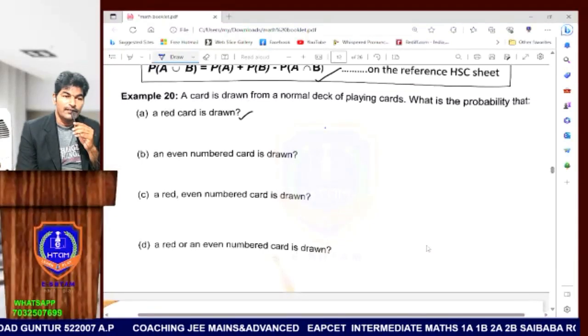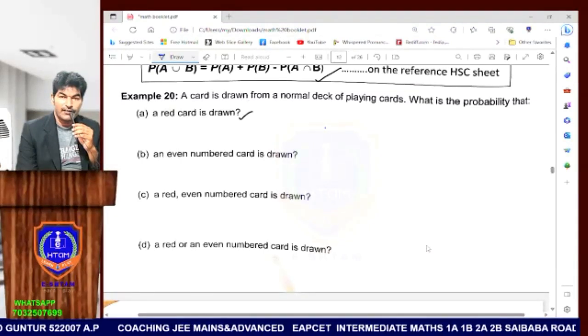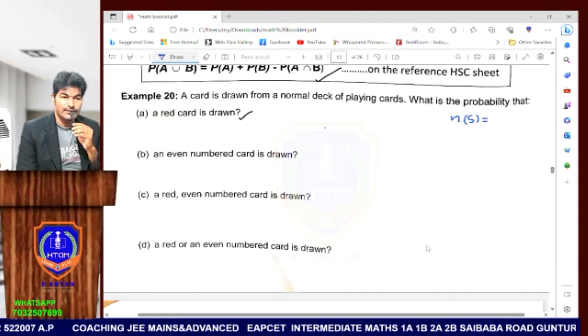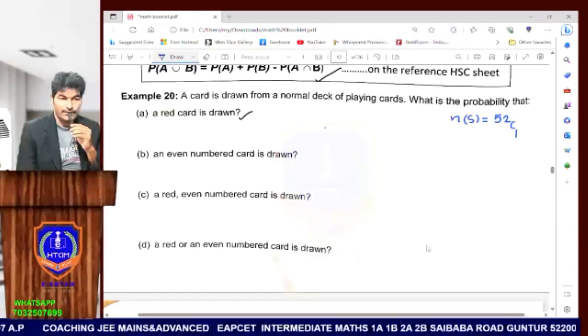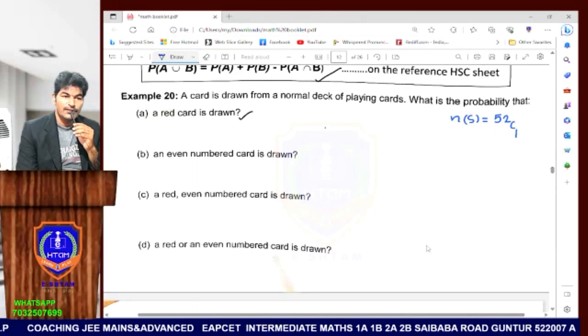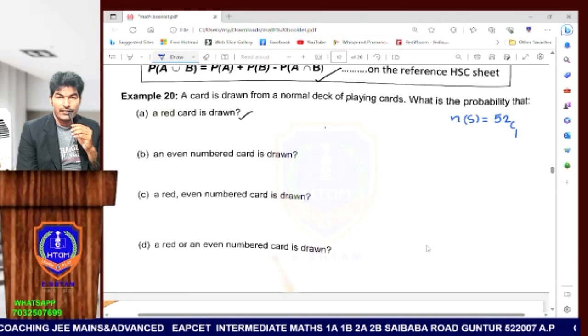How many cards are there in a deck? 52 cards. Then n of S is equal to how much? 52C1 actually, you have to write. Why? Because you are choosing one card from a deck of cards.